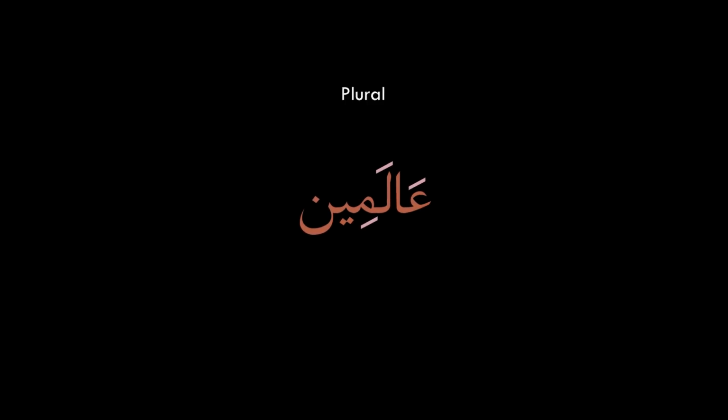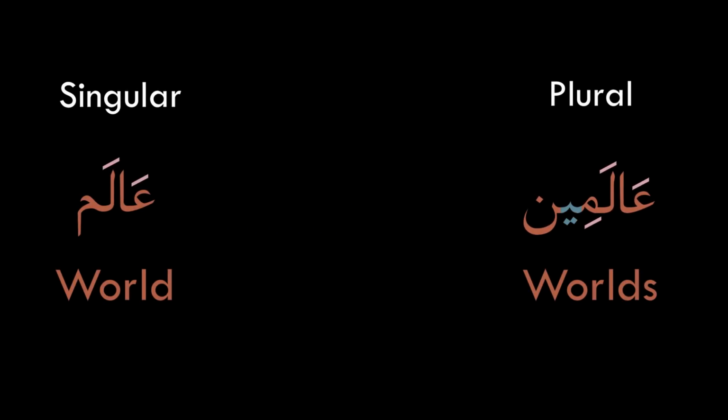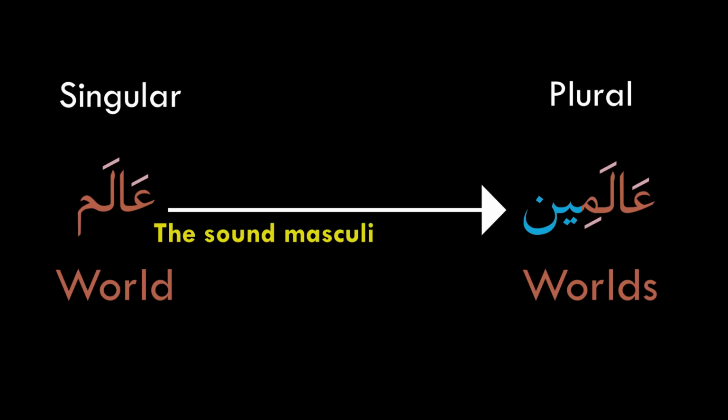Alamin is the plural of the noun alam, so we add ya and noon to its end to indicate that it is plural. This way of converting singular nouns to plural is called the sound masculine plural, or jam'u mudhakkarin salim.